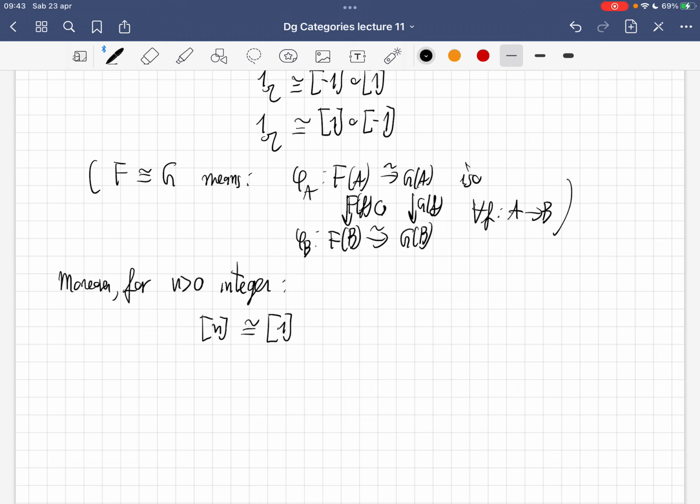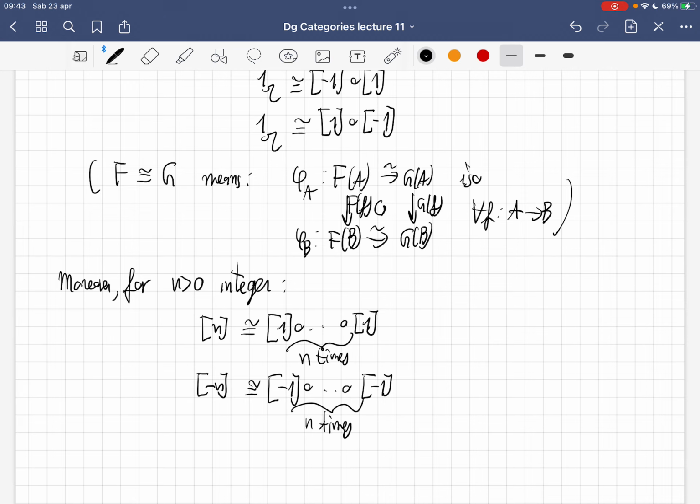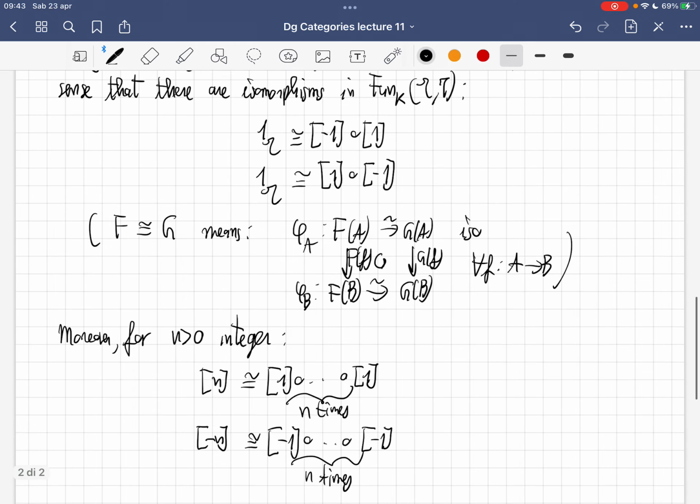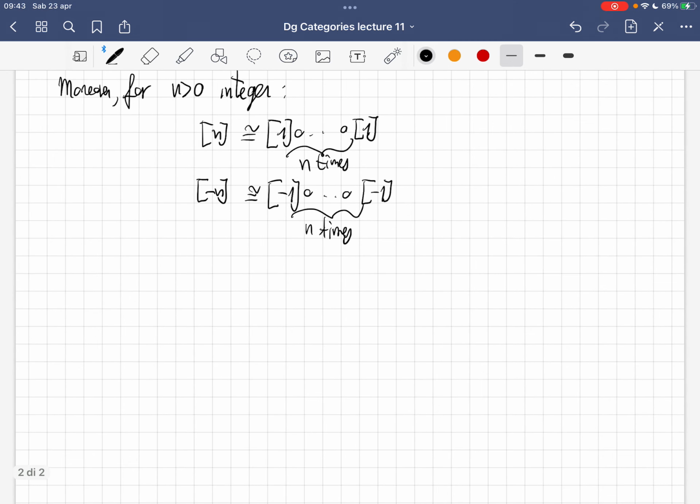So the n-shift is just the composition of the shift by 1 n times, and you can expect that the minus n will be the same thing. It's what you would expect. Okay, good. So let's prove this. So we want a functor.